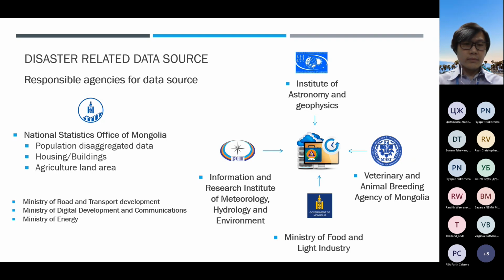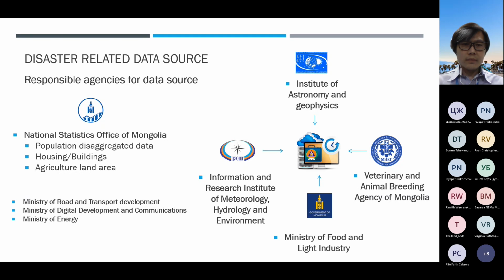There are also many other ministries and agencies, like the Ministry of Food, Agriculture and Light Industry. Road and transport related data comes from the Ministry of Road and Transport Development and the Ministry of Digital Development and Communication. And the Ministry of Energy also provides us some data to assess this exposure.